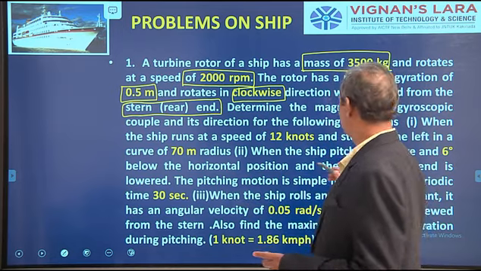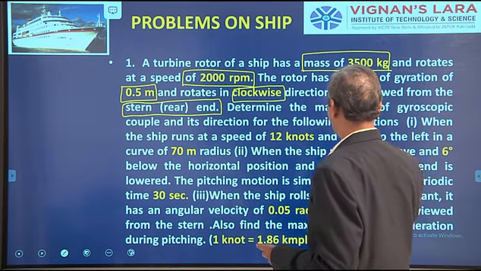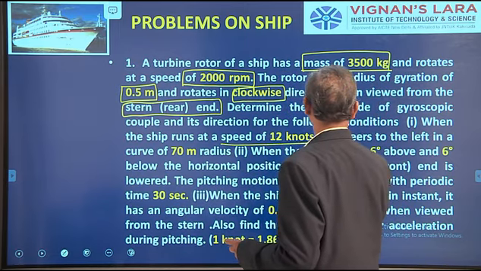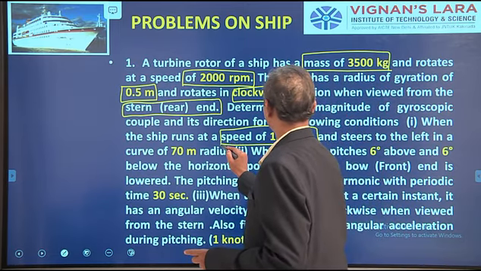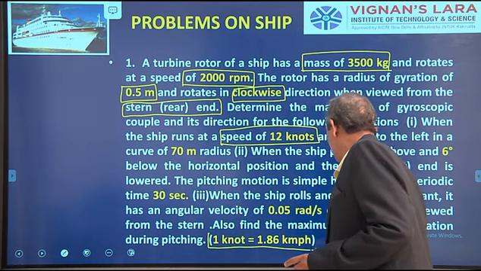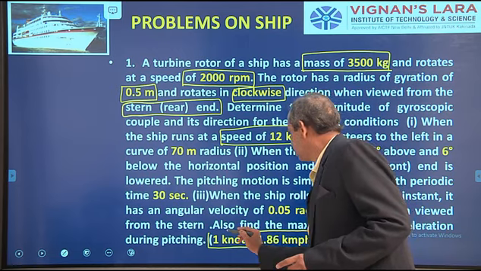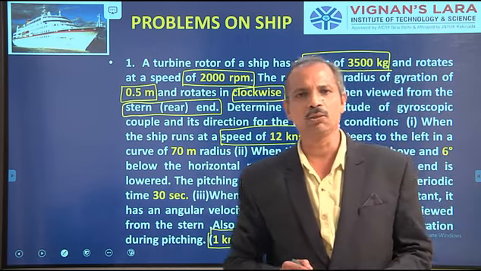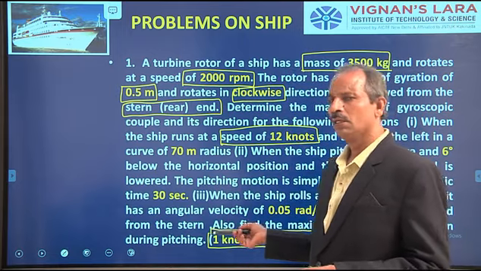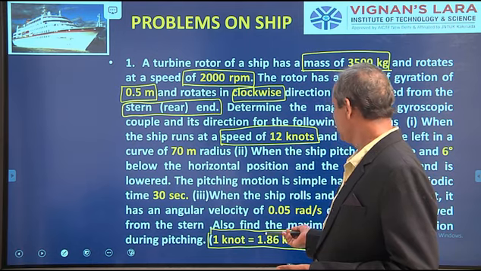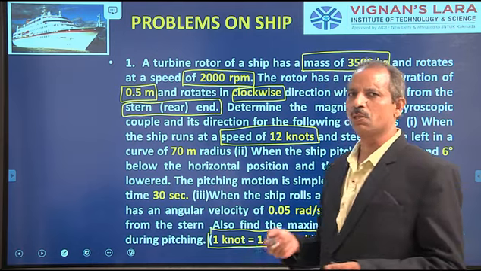The conditions are three. Condition 1 is that it runs at a speed of 12 knots. 1 knot is already given. You need not memorize it because this unit is not familiar to us. This is a unit used in earlier days, okay, that is why this unit is not familiar to you.